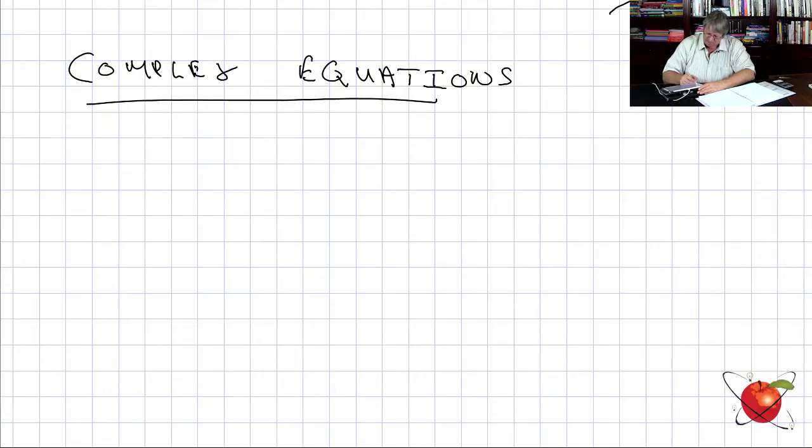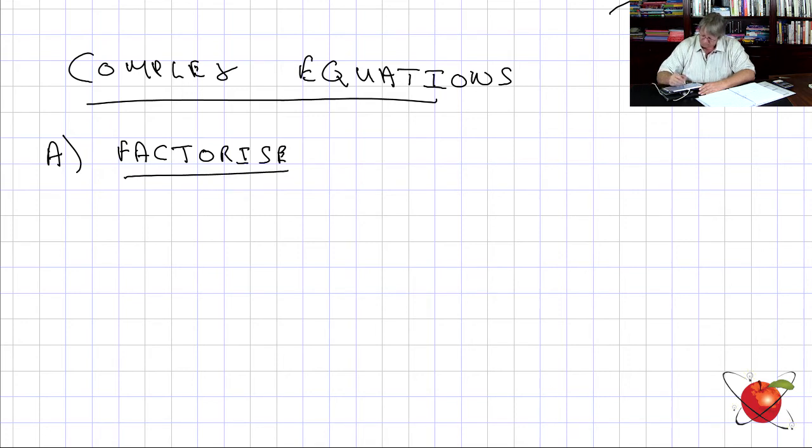First of all, what are we used to? Well, step one, always when we've got a complex equation, is we do the following. A, factorize, as usual. Step one is what? We look for highest common factor.